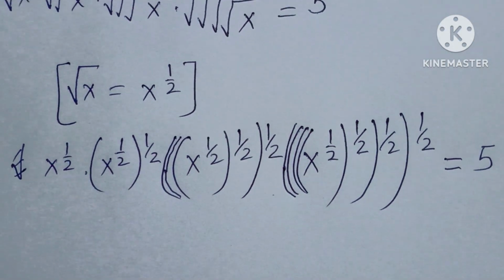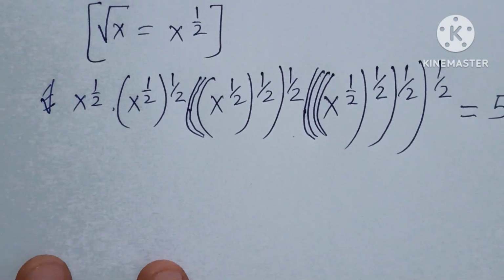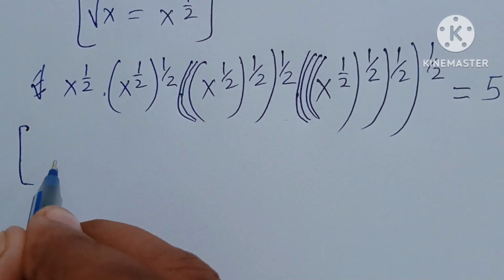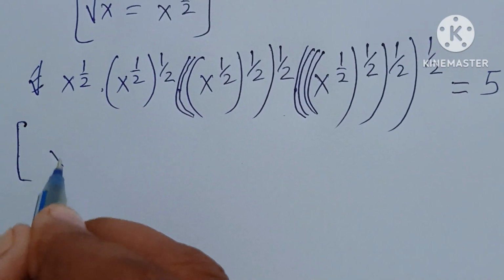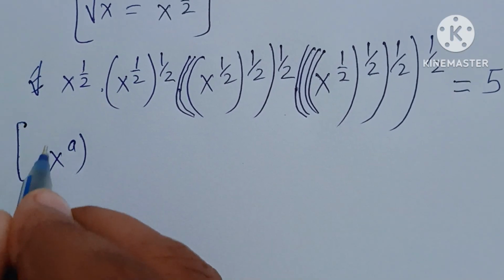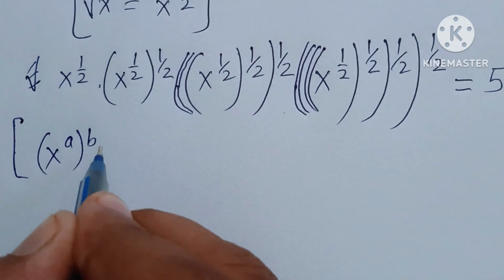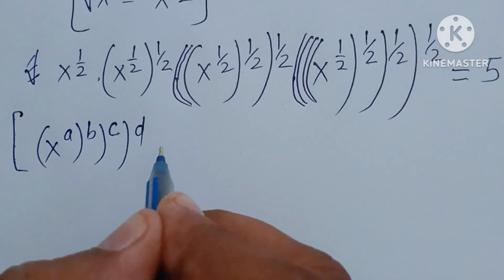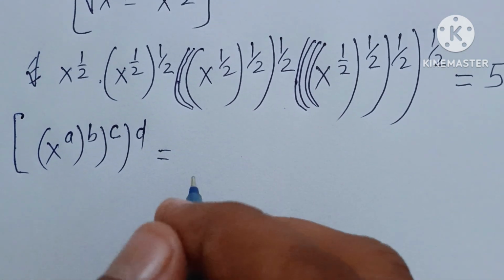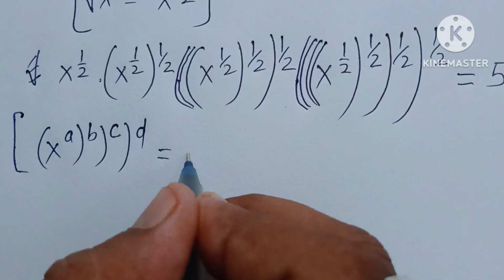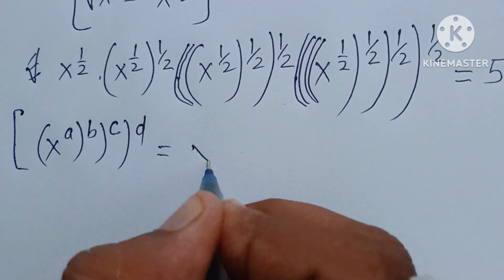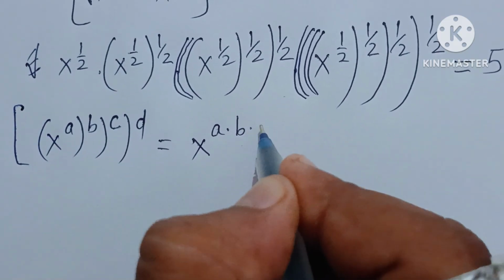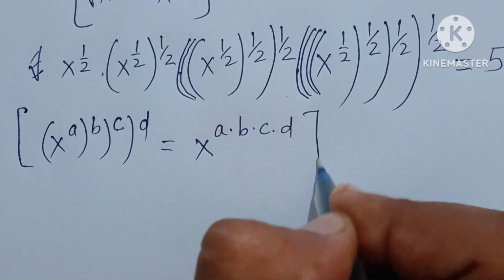Okay. So now we have to write here x raised to the power a raised to the power b raised to the power c raised to the power d is equal to x raised to the power a into b into c into d, like that.